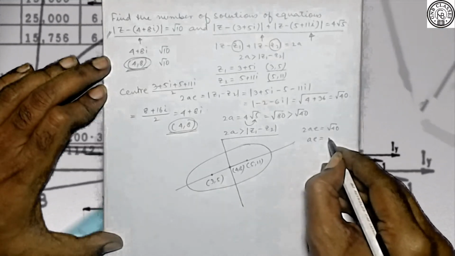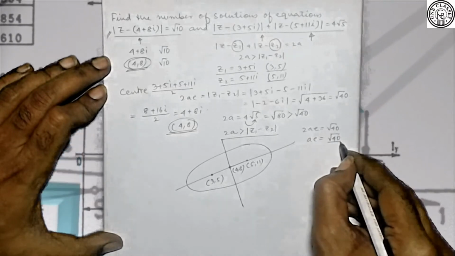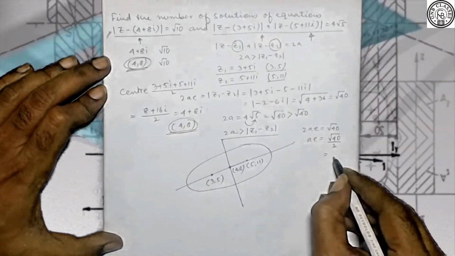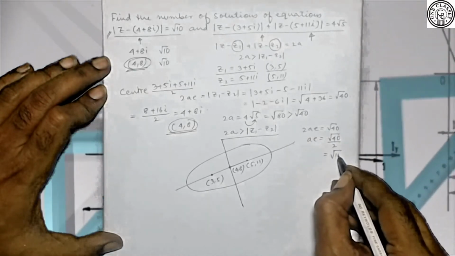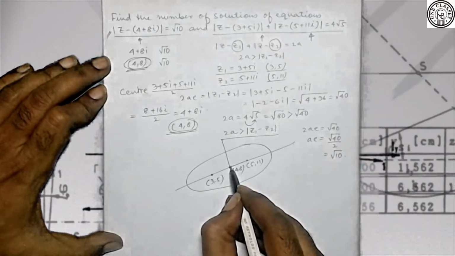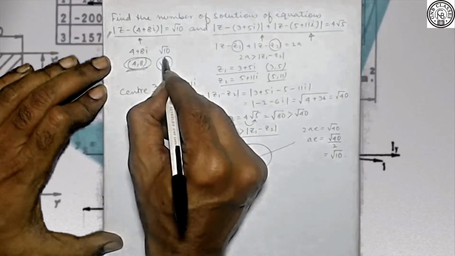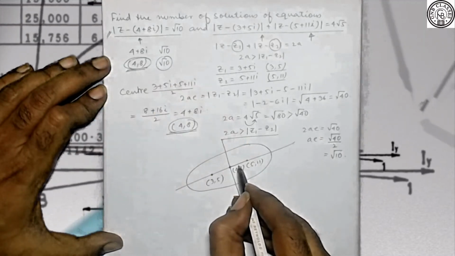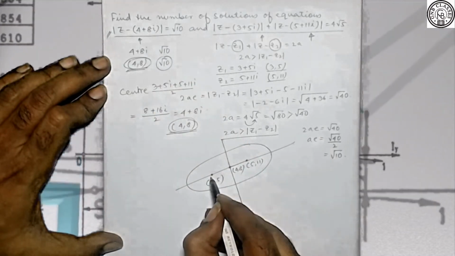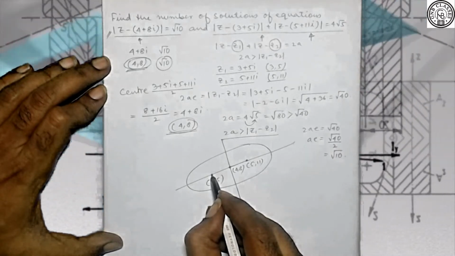So A is how much? Root 40 divided by 2, that gives us root 10. That is, the circle whose center is at the center of the ellipse and radius is root 10 will definitely pass through these foci.